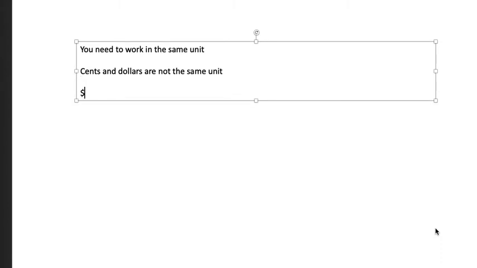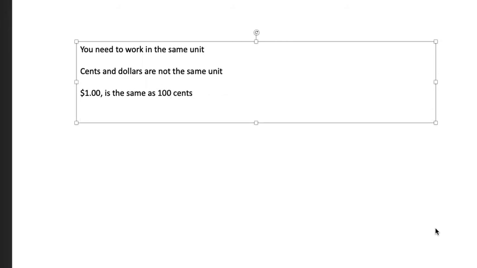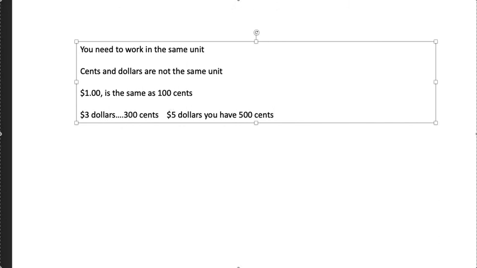The other important thing to know is $1, which is sometimes written like this, is the same as 100 cents. So if you have $3, you have 300 cents. If you have $5, you have 500 cents. So keep that in mind as you're working. You need to make sure things are in the same unit and that you are keeping it consistent throughout.